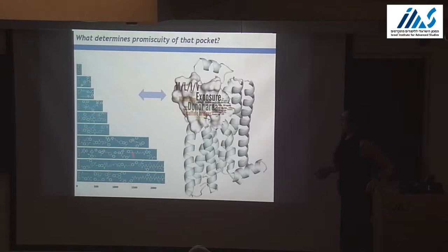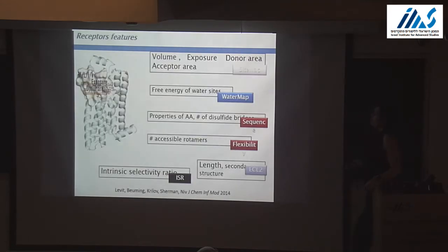And so here on the left are libraries of known ligands for the GPCRs for which structures were known then. And we calculated different properties. So for example, volume, exposure, donor area and acceptor area, free energy of water sites, because actually when we started doing this, I thought that there are placeholders in the binding site sitting in different places, and then can be kicked out as needed when different ligands come in.